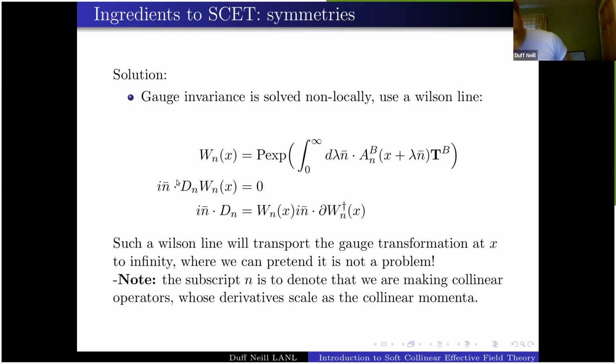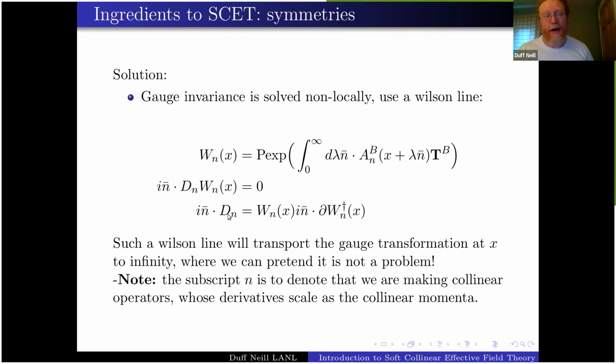What's nice about a Wilson line is that my covariant derivative annihilates my Wilson line at a space-time point. Another way of thinking about that is that the Wilson line will render my covariant derivative as being inert.